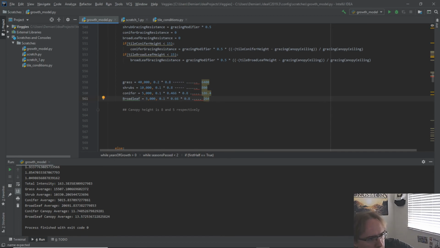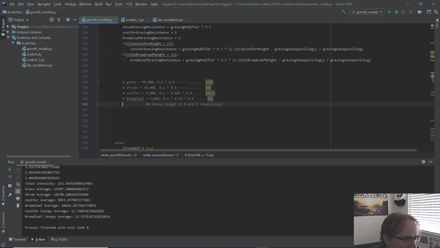I guess we're gonna have to figure out whether that's too austere. We'll see. We may want a stronger base factor for trees so that they're naturally more resistant, but we'll see.